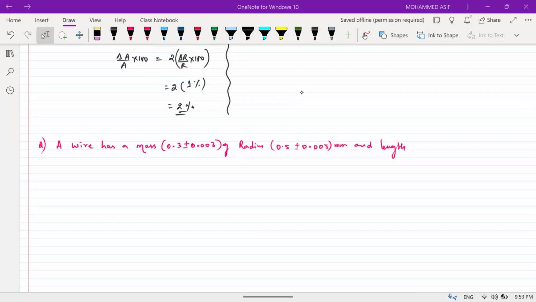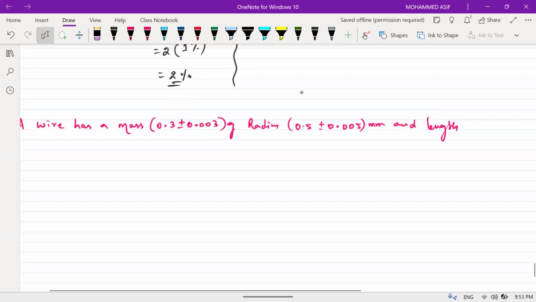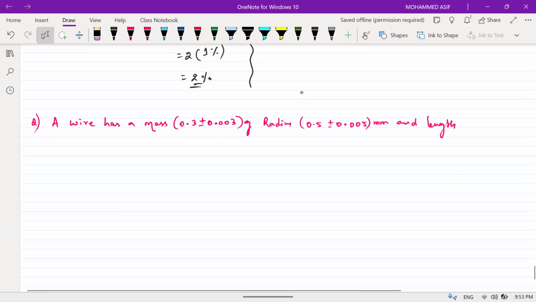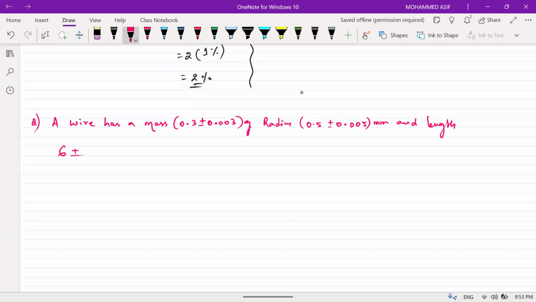Yes, sir. चलो. A wire has a mass of 0.03 plus or minus 0.003 gram. Radius is 0.5 plus or minus 0.005 mm and length is 6 plus or minus 0.06 centimeters.